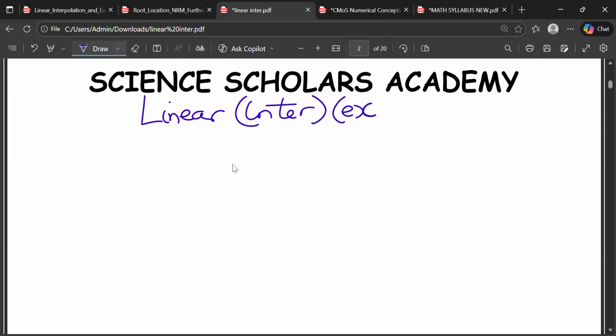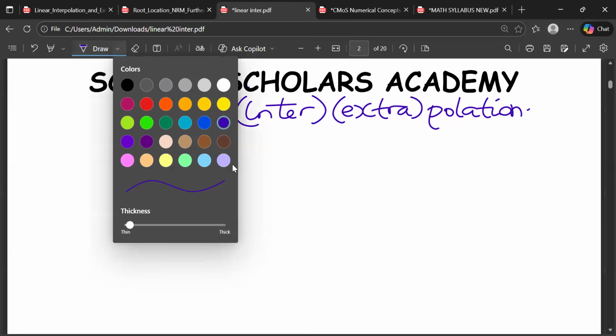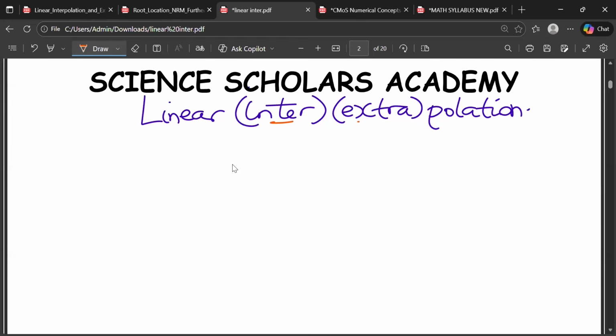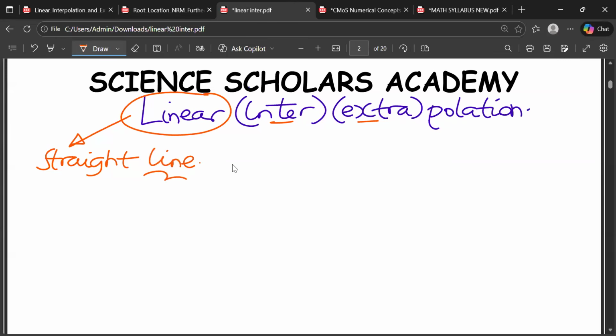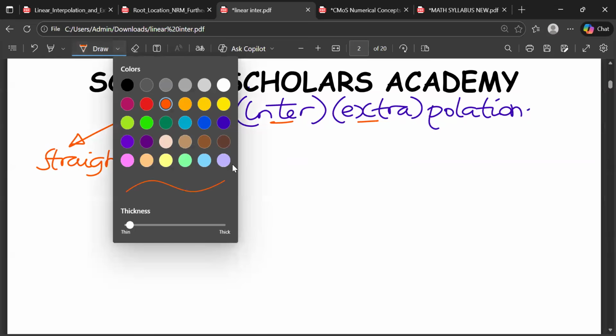When they say inter or extra, I'll explain later, but I'm interested in the linear part. By linear, you all know we are simply meaning a straight line. So what do you know about a straight line?